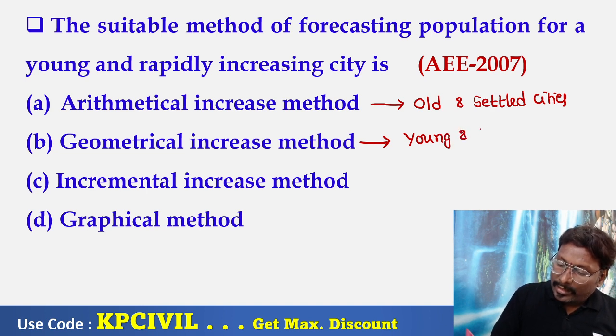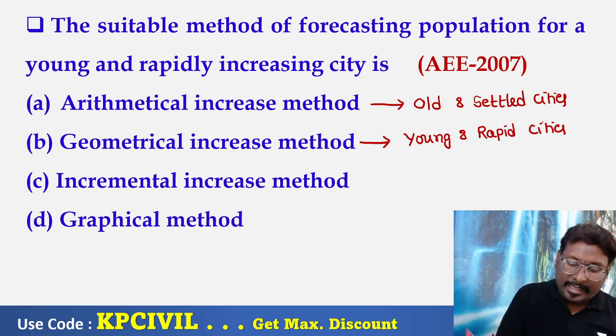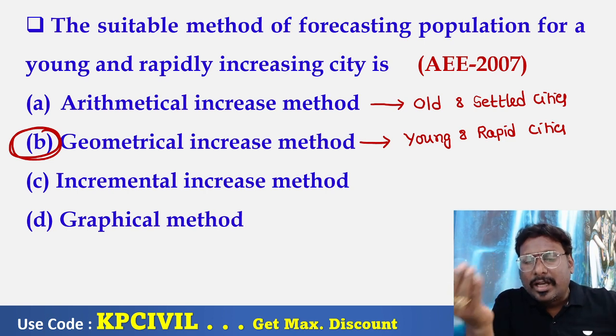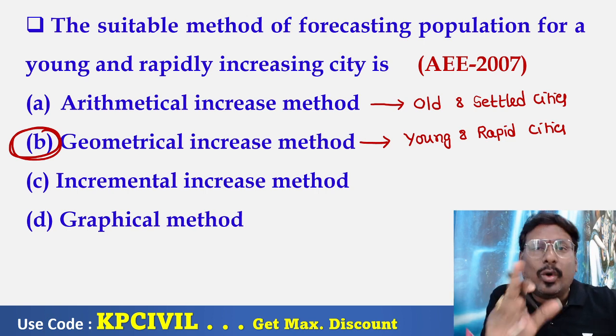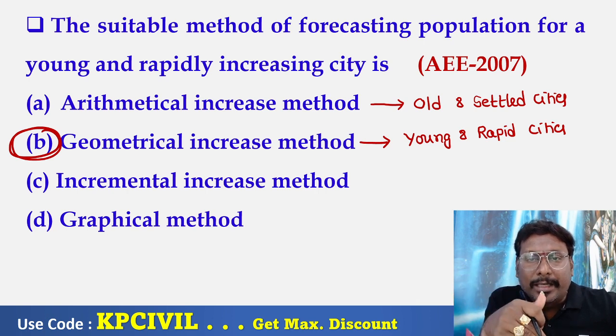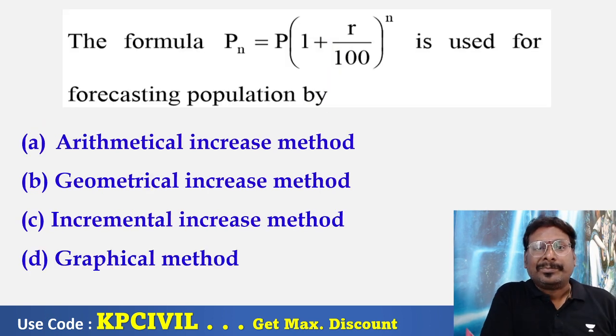Geometrical, exponential, logarithmic, all methods are the same. So option B, geometrical method. It may be an old city or a new city, and if you don't have clarity about the city, then go with the incremental increase method, which is best suitable.